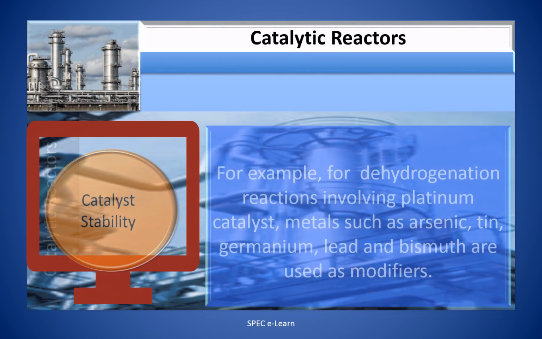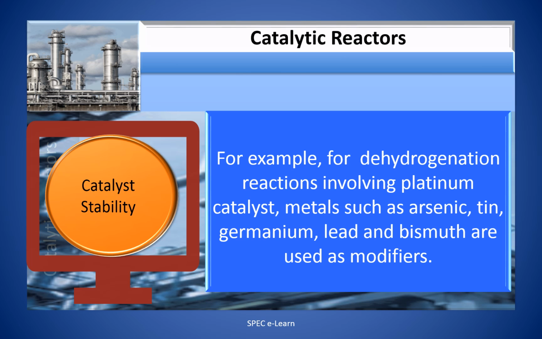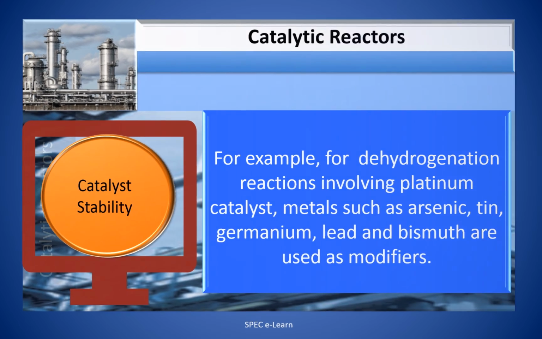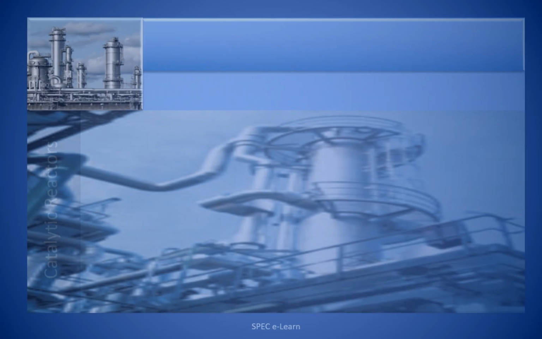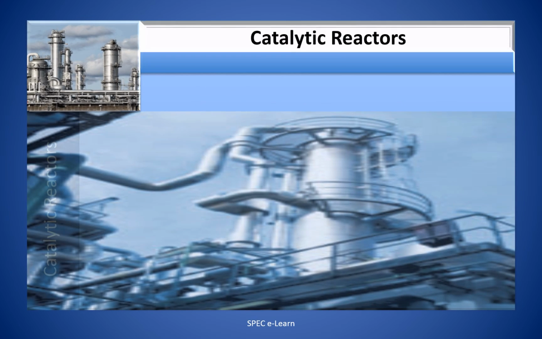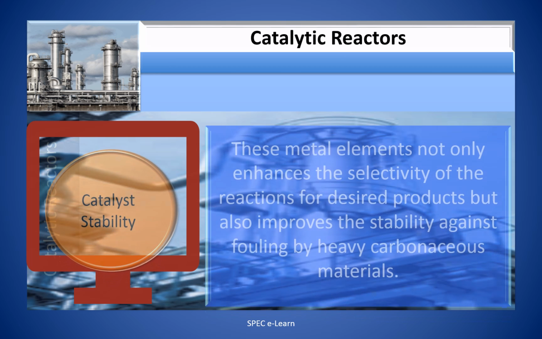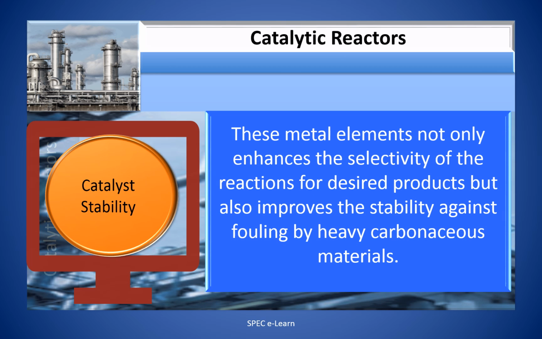For certain reactions involving platinum catalysts, metals such as arsenic, tin, germanium, lead and bismuth are used as modifiers. These metal elements not only enhance the selectivity of the reactions for desired products, but also improve the stability against fouling by heavy carbonaceous materials.